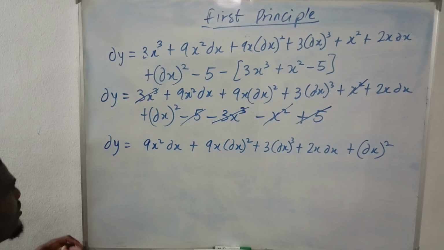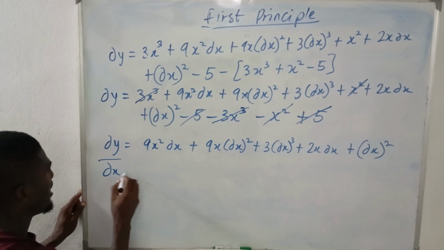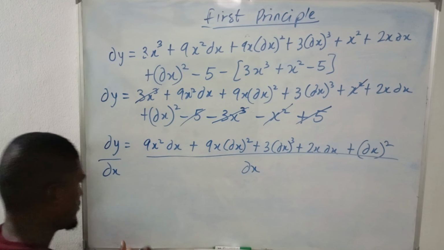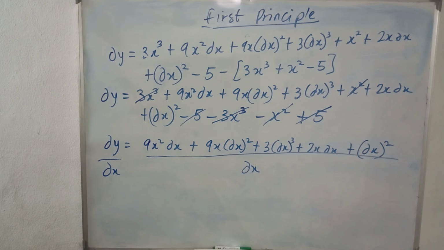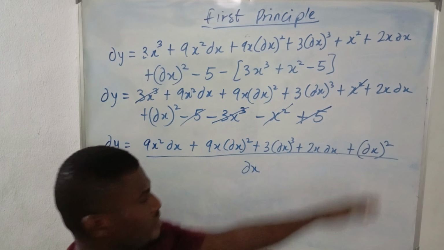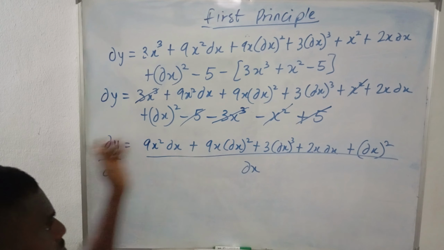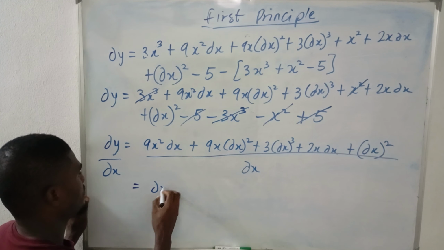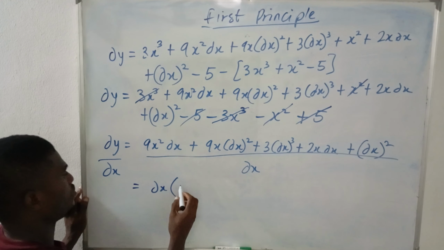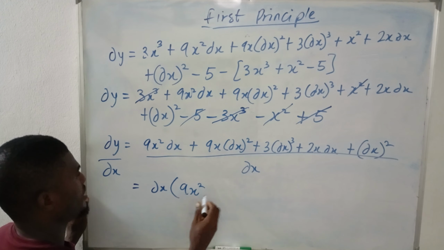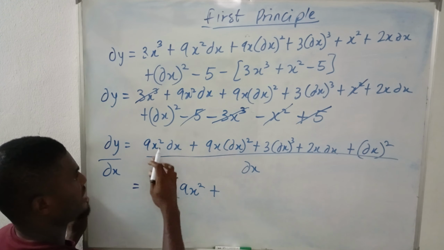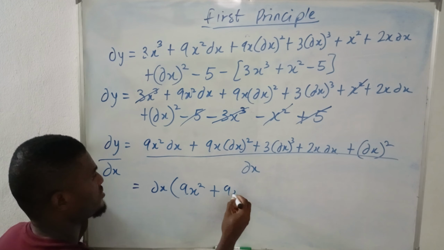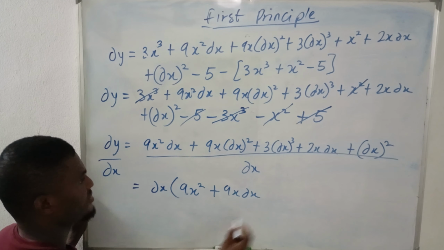Now to both sides, we are going to divide by dx. If you look at all these points, they all contain dx, so we can factor it out. If you factor dx out, at this point you will be left with 9x squared. Factor out the dx here. Remember, they still have this dx squared, so one should remain.